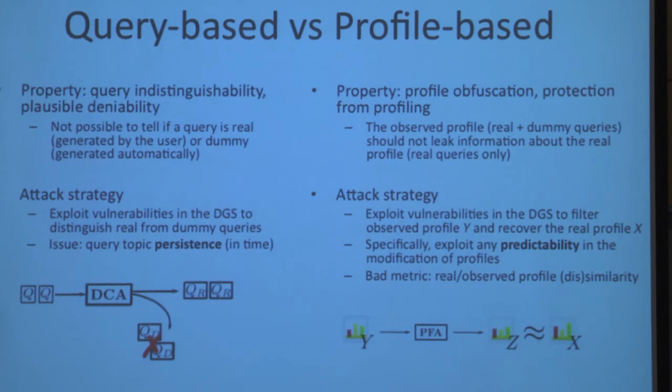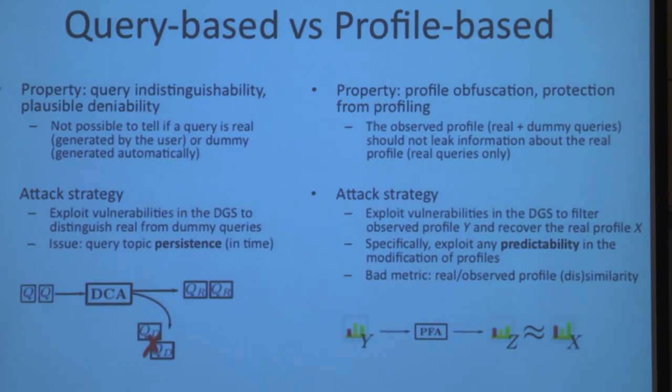A couple of the systems that we looked at: one of them tried to say, okay, this is your real profile, and I'm going to represent this as a vector in a multidimensional space, and this point in the space is your profile, which represents the weight that you have for different categories. So what I'm going to do is try to find, with a budget of dummy queries, how I can minimize the cosine similarity. So try to take your observed profile as far away as possible, as fast as possible from what it is.